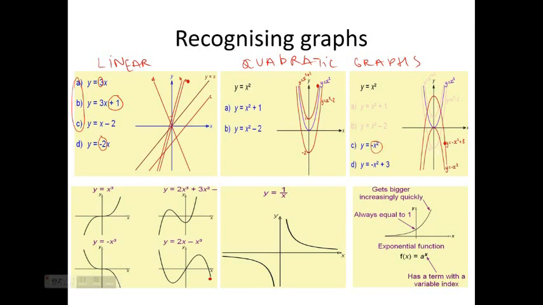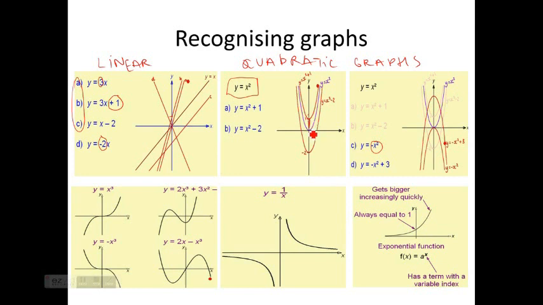So when you plot it, you are going to get smiley faces if the term in x squared is positive, and you're going to get sad faces if the term in x squared is negative.